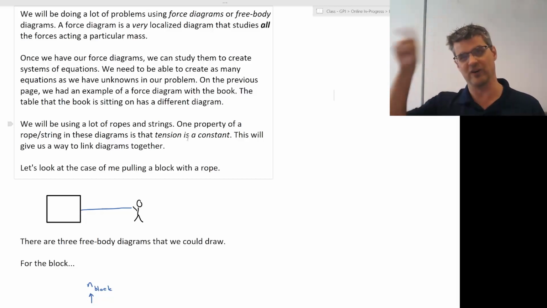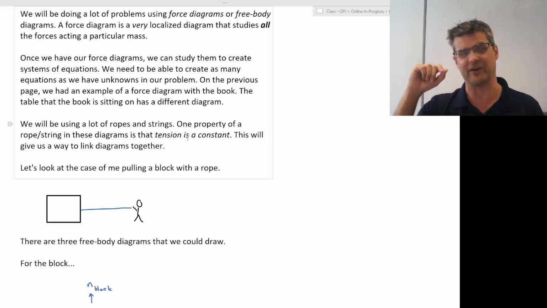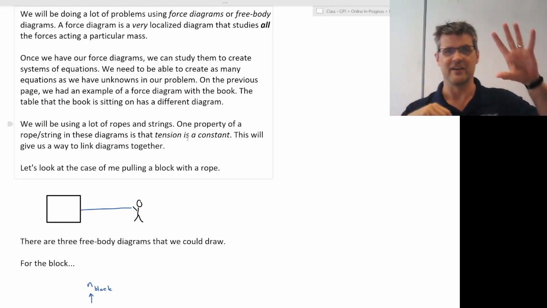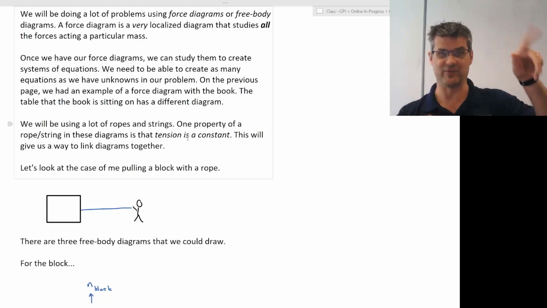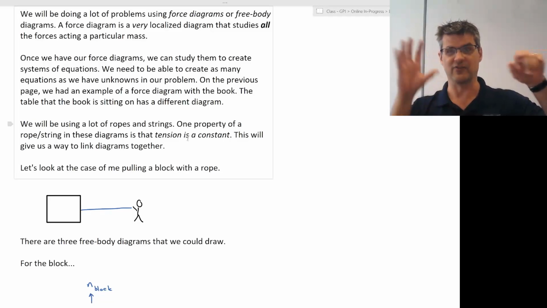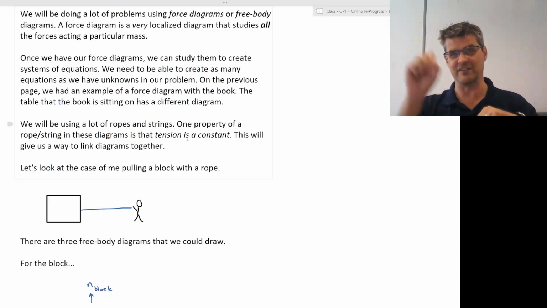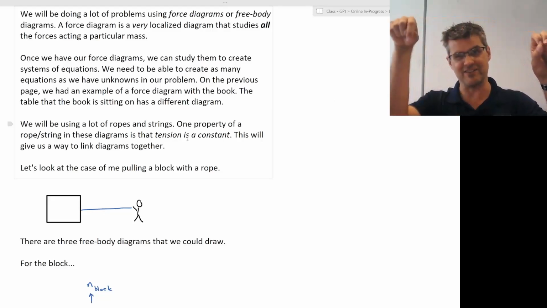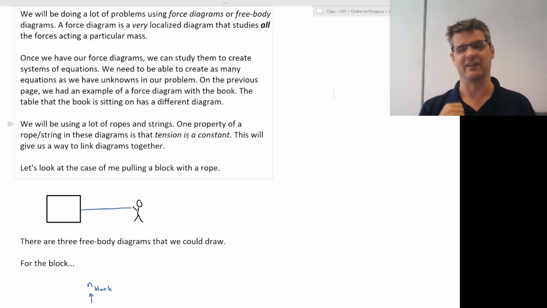Mass 1 has all kinds of free body diagram stuff, forces that lead to accelerations and everything else. But mass 2 has all kinds of forces and whatnot acting on it as well. So how do we link what's going on in this mass and what's going on in this mass? It's through the tension. And the tension in that string that connects them is something that's constant.